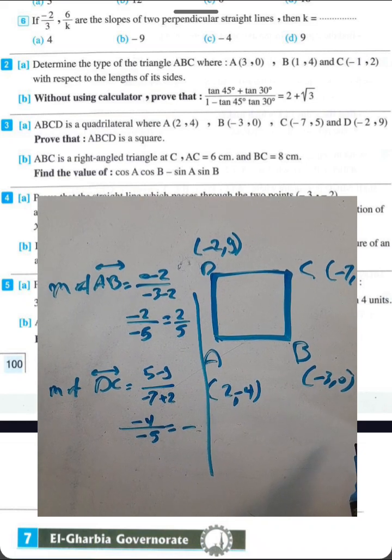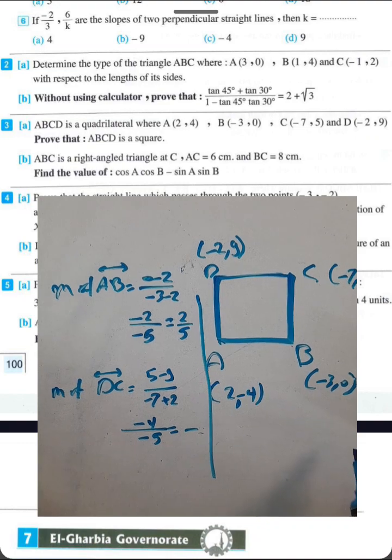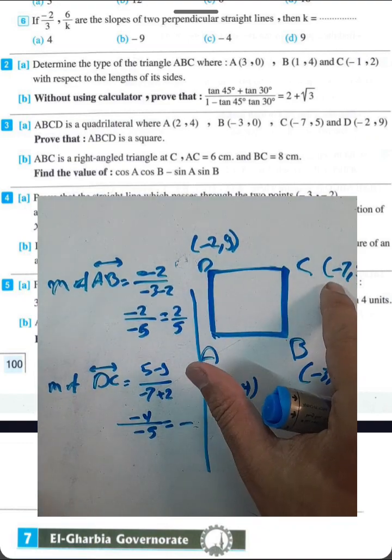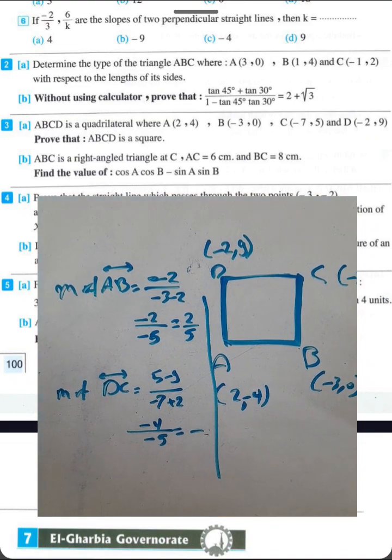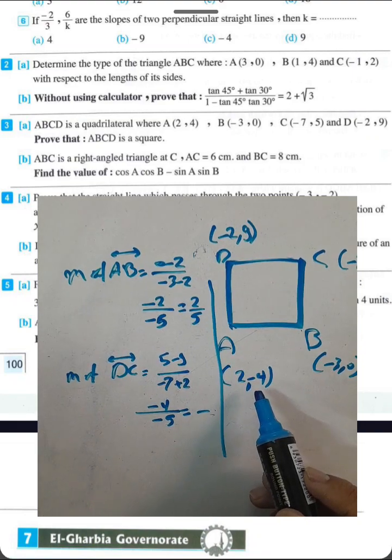AB and CD, we get the slope of DC. D and C: 5 minus 9, it will be negative 4, and negative 7 plus 2, it will be negative 5. We have the points again, the 2 and 4 were positive, not negative.